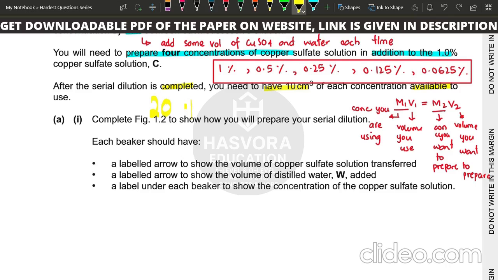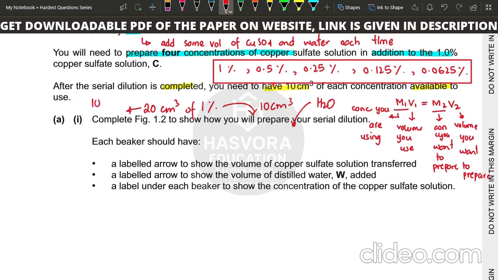So you will have 20 cm cube of 1%. Okay, and then you will be transferring 10 cm cube, and then you will be adding 10 cm cube of H2O, your water. So if you transfer 10 cm cube of 1%, how much will be remaining?